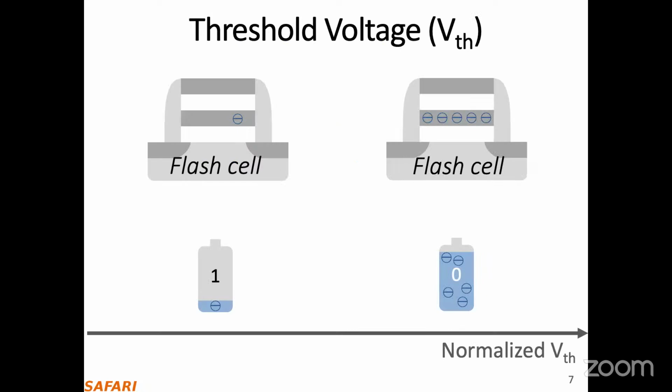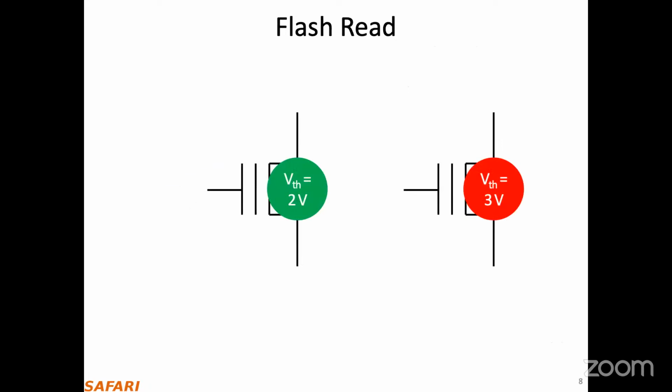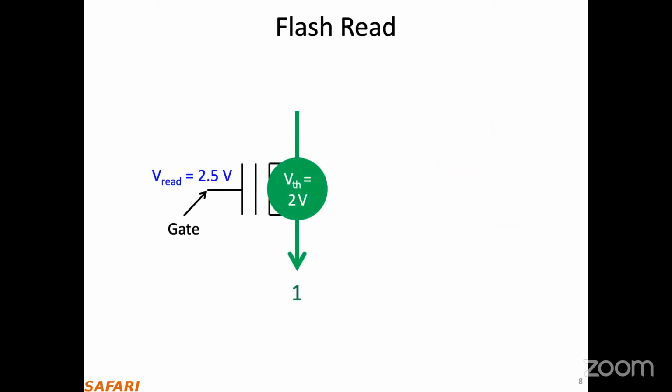But that's the way, basically: depending on the threshold level, you can encode the state to 0 and 1, right? Usually people encode the low threshold voltage, which here we consider as 2 volts, as 1.